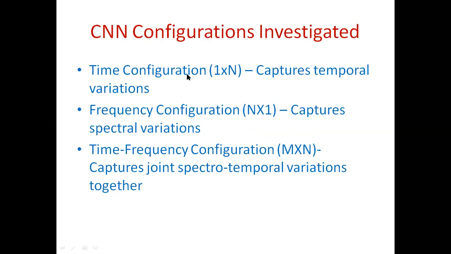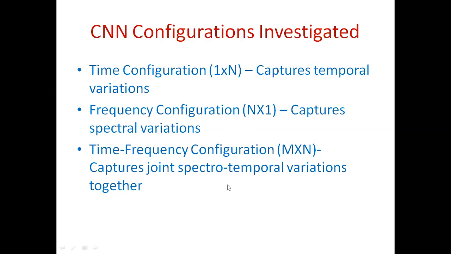And if I choose only time configuration, it will be, for example, a 1 cross 2 or 1 cross 3 kernel size. In that case, the convolutional neural network captures only the temporal variations present in the signal. Similarly, if I take vertical kernels, like n cross 1, this is the frequency configuration, which captures the changes in the frequencies.